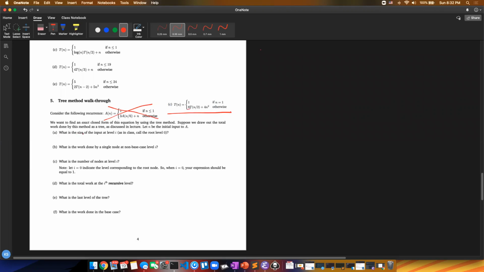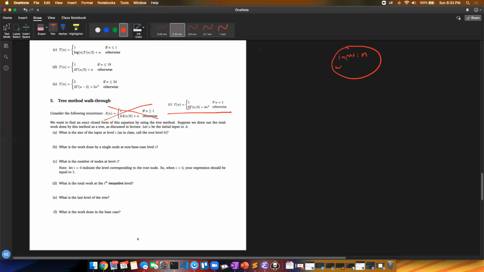Part A asks, what is the size of the input at level i? Well, let's draw out the tree. In the beginning of the tree, we'll start with one node. And in this case, our input at the root of the tree will be n, because we start with n things essentially.